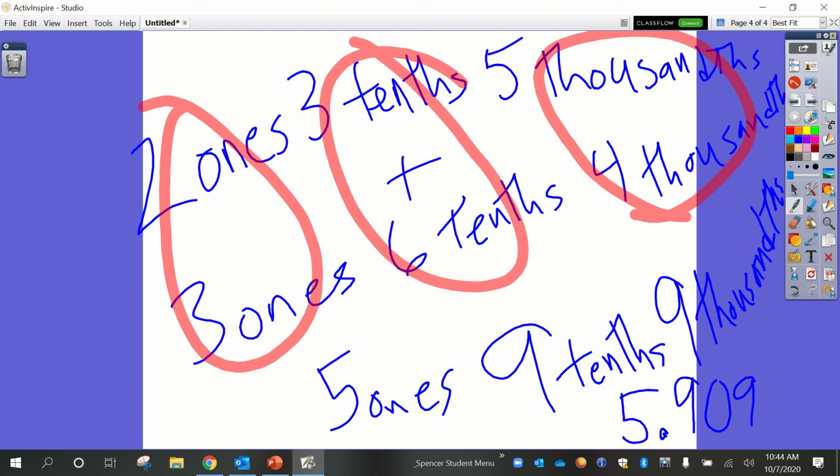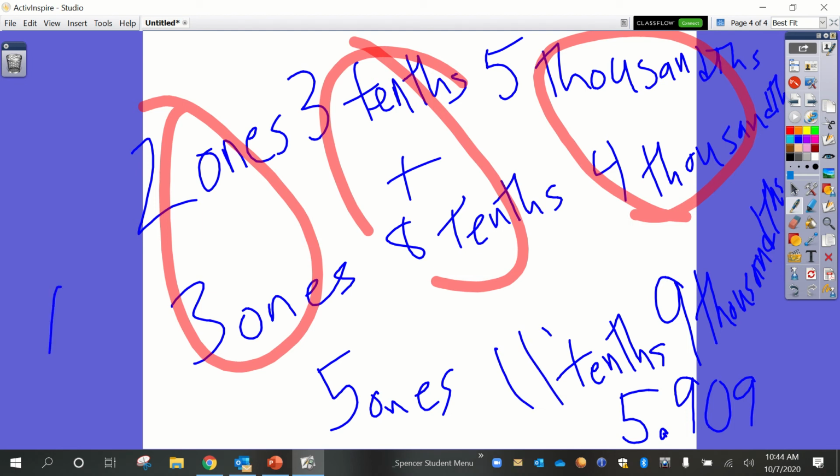Great. Now, I'm going to change my highlighter color. What happens if we get more than 10 in one place value? So let's say it was 13 tenths. Let's just change this problem a little bit. Let me get my eraser. Let me get rid of the 6. Let me get rid of this 9. So let's pretend that this was 8 tenths. So that would mean 3 tenths plus 8 tenths is 11 tenths. What would we do here?